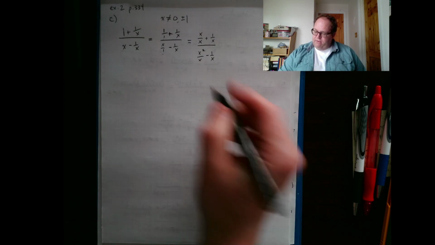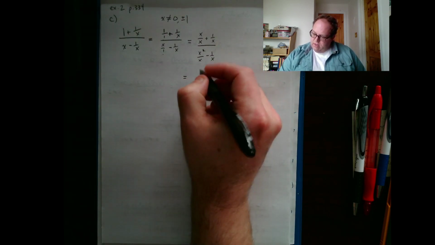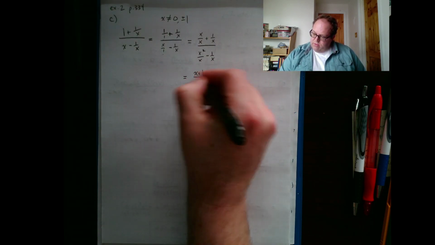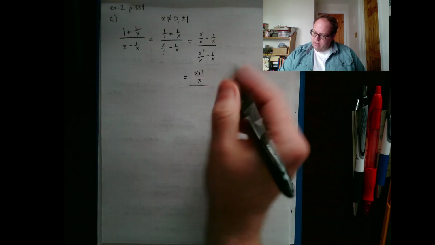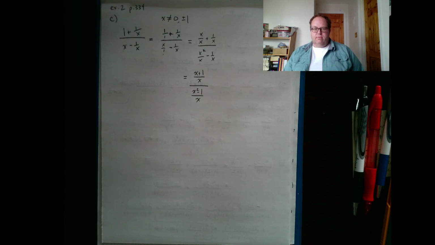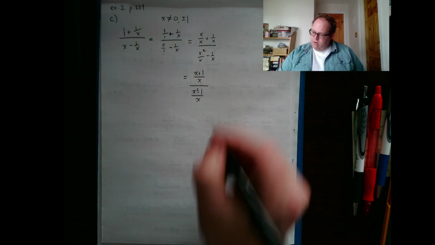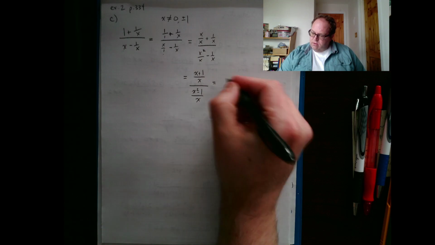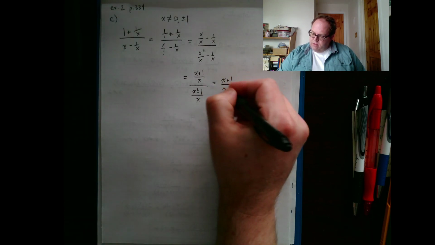Now I can combine my fractions in both the numerator and the denominator. It'll be x plus 1 over x, and then x squared minus 1 over x. And as we said before, we can change division to multiplication by the reciprocal.